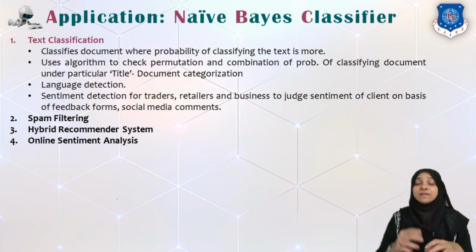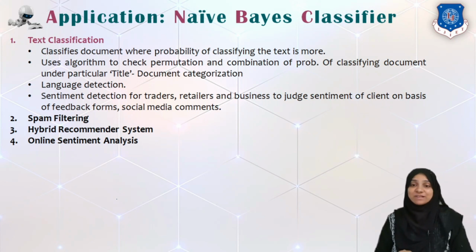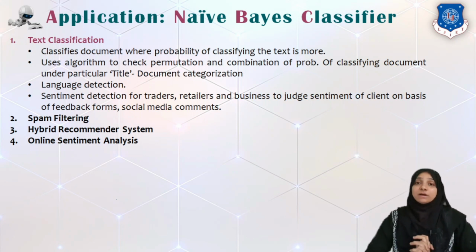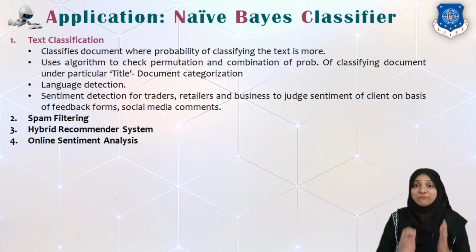That means for whatever written text there is, whether that text belongs to Hindi, or Gujarati, or English, that kind of application is solved using the Naive Bayes classifier. Likewise, in the business domain, we have something called sentiment detection, which is used by traders and retailers to identify feedback, whether it is positive feedback for our company product or negative feedback, based upon the text they have written.